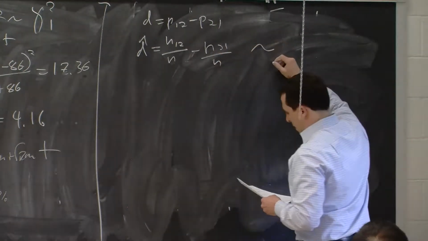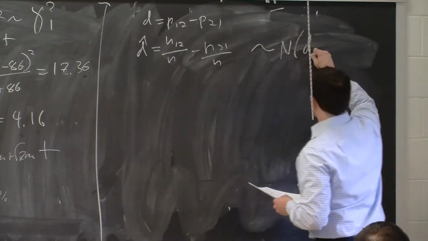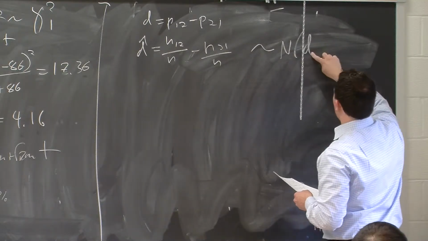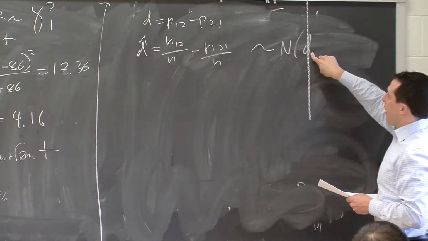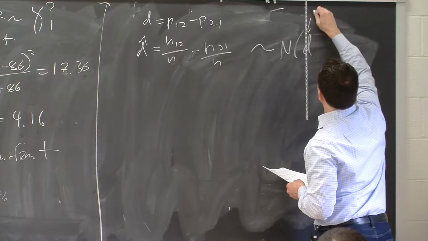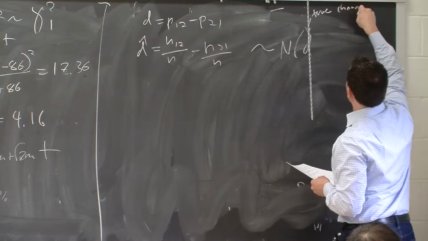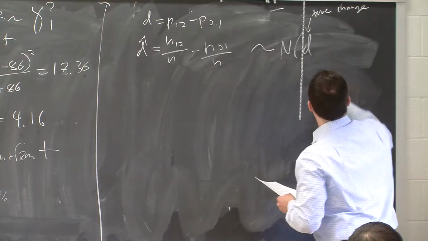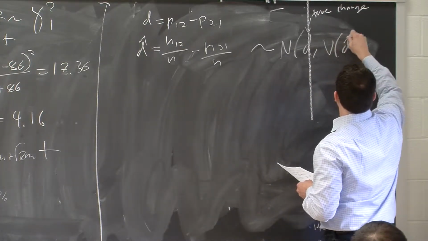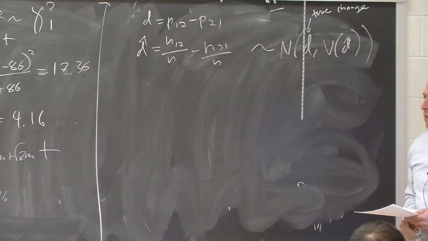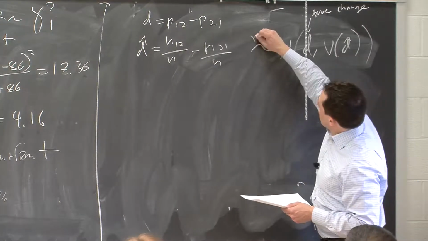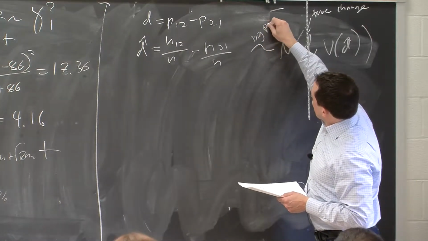And assuming the sample is big enough, we think this is going to be normal with the true value of the drop as its mean. This is the true change in approval, like 4% or whatever. And then the variance of that amount. So that's big sample. Why don't I take a big poll?